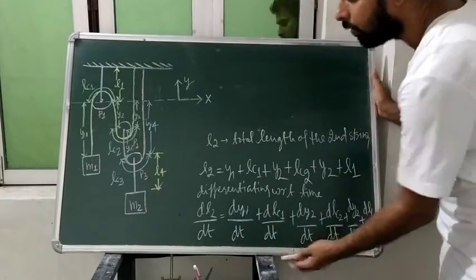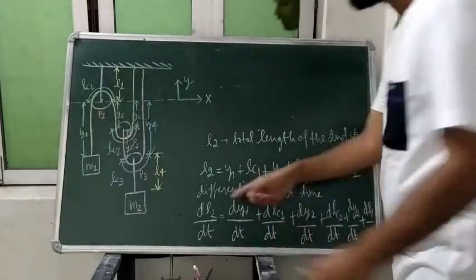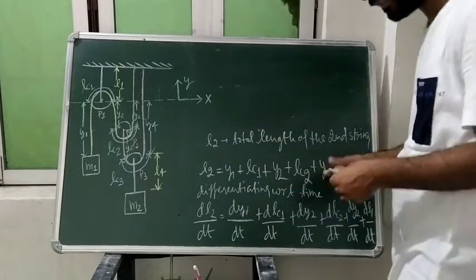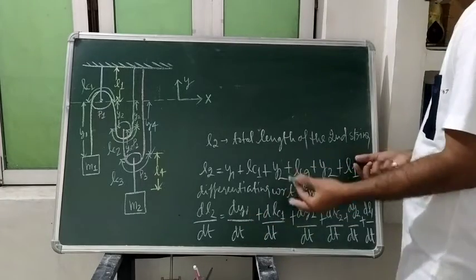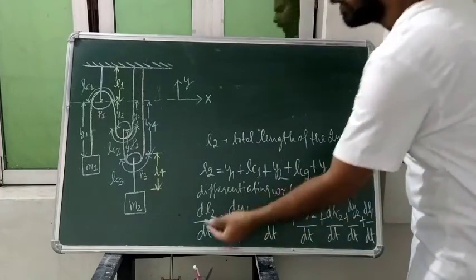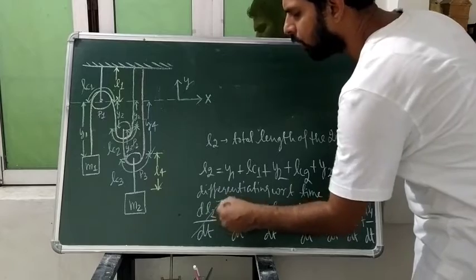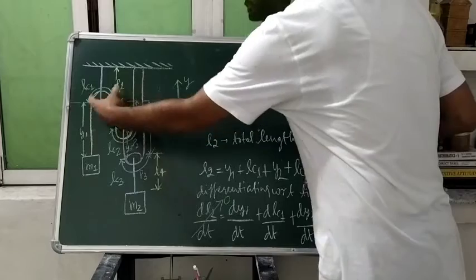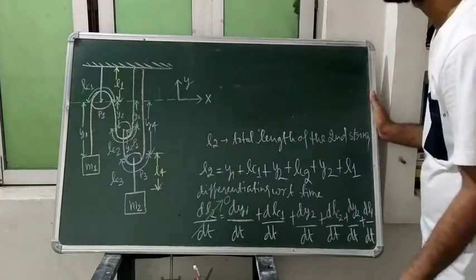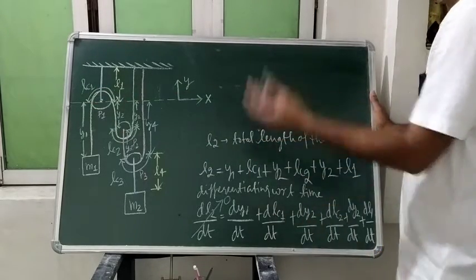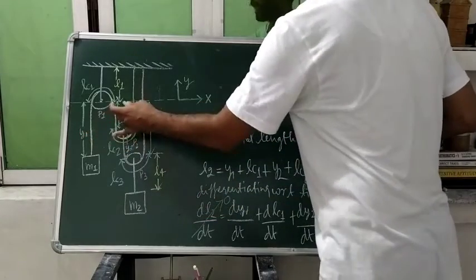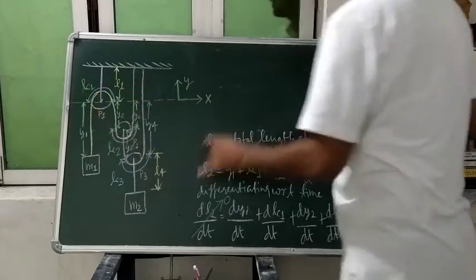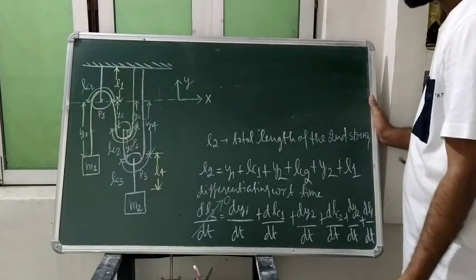So student, from here we will look: the total length of that second string is constant, isn't it? The length is inextensible, so the differentiation of a constant length will become equal to 0. And the length of the string over this pulley is not going to change. Whatever movement takes place, there will be change in y1 and y2, and the length of the string present here is not going to change.